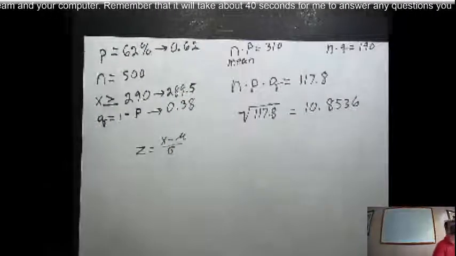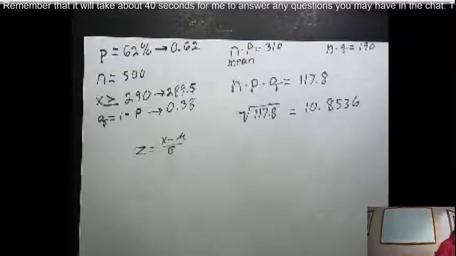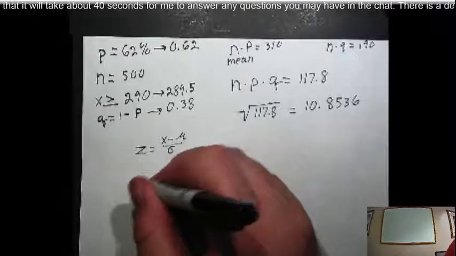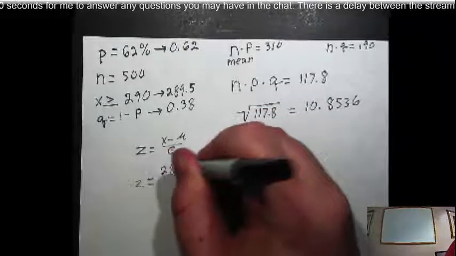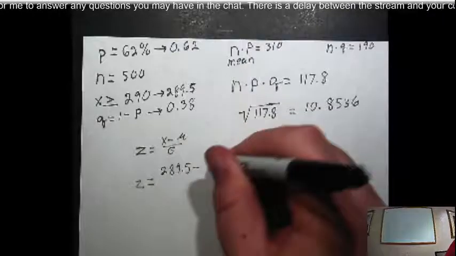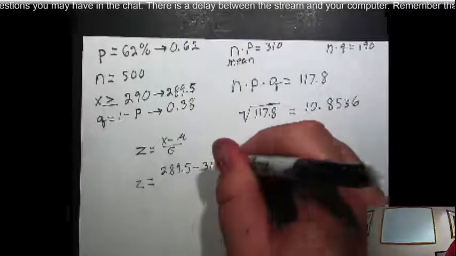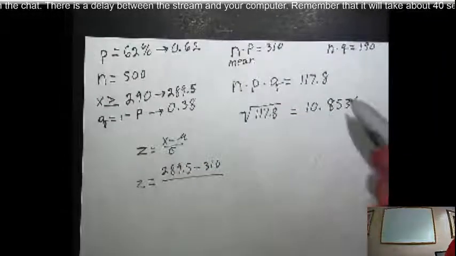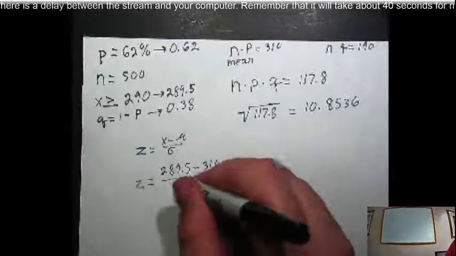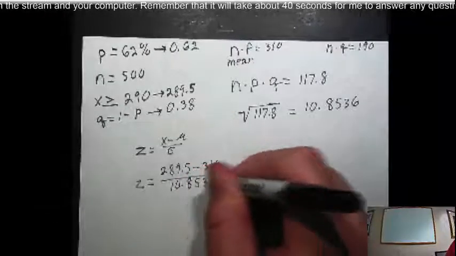And now we can just plug things in. So z equals 289.5 minus 310, divided by our standard deviation, 10.8536.